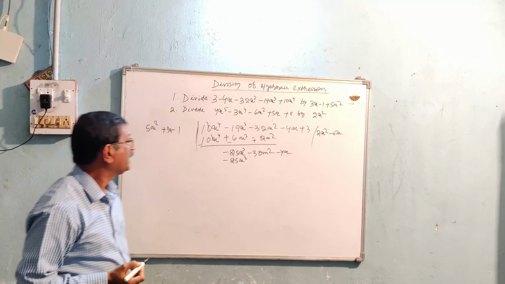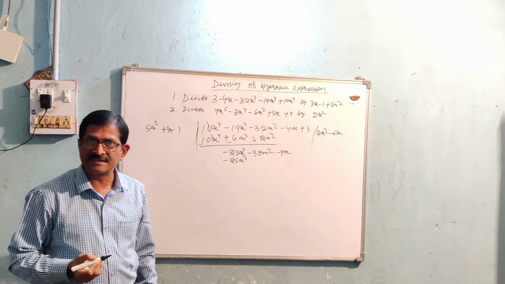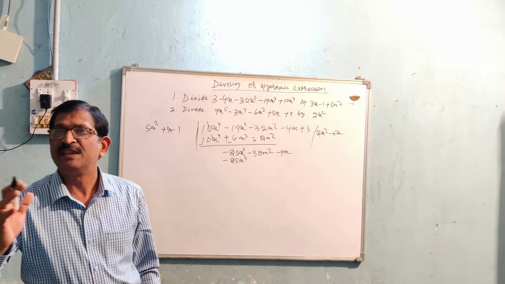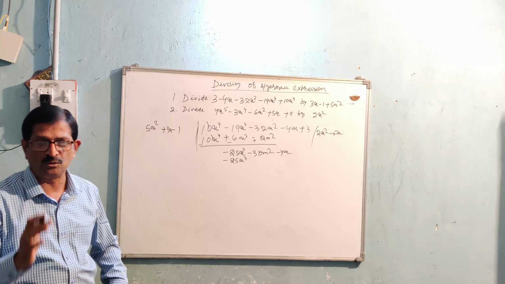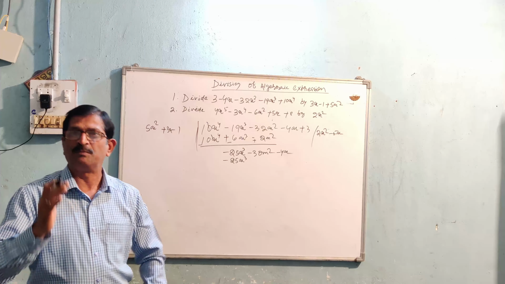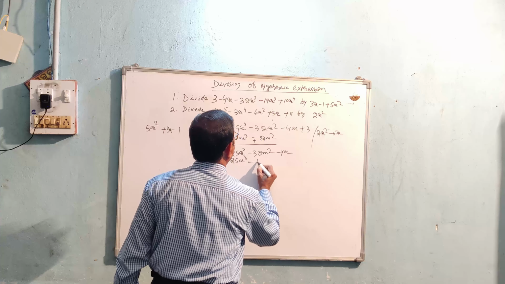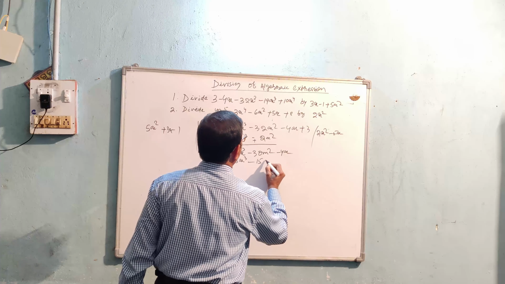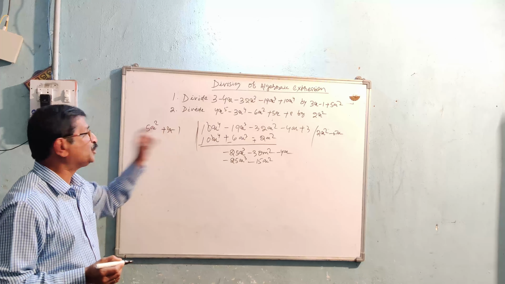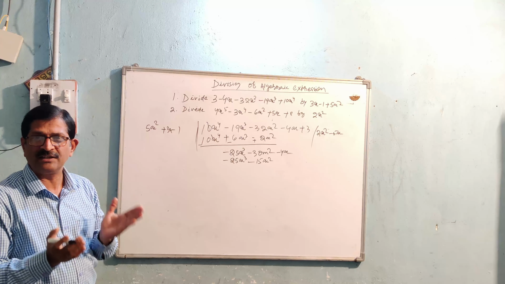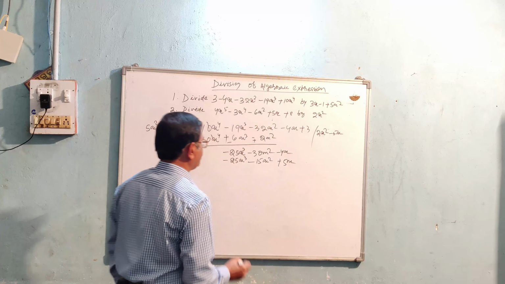And thereafter minus 5x into plus 3x. Minus 5 into plus 3 becomes minus 15. As you know that minus into plus becomes minus. So it is minus 15x square. And minus 5x into minus 1. Minus into minus becomes plus. That becomes plus 5x.